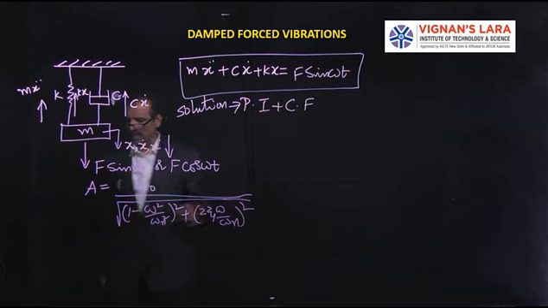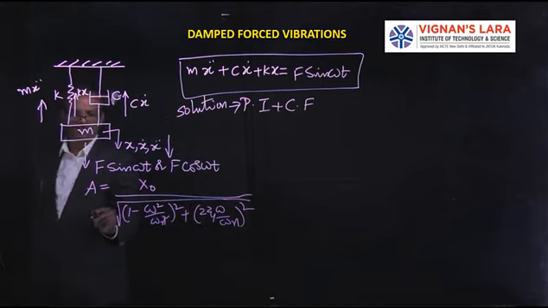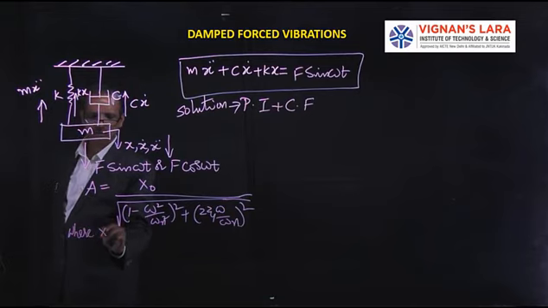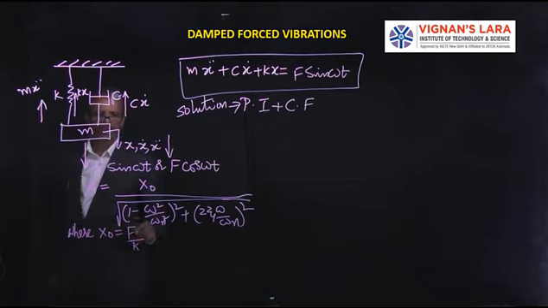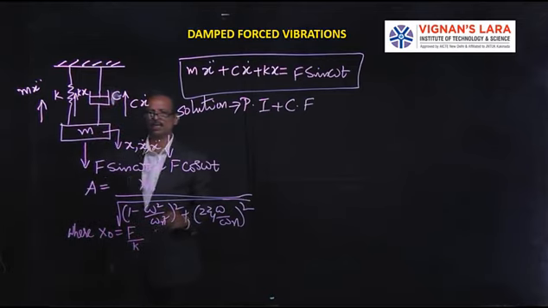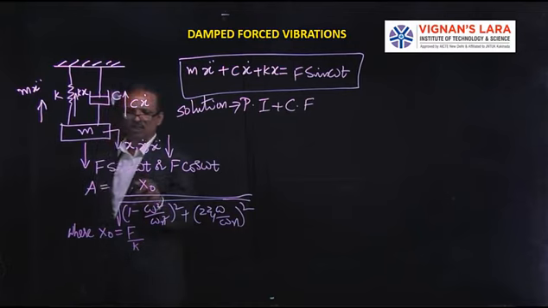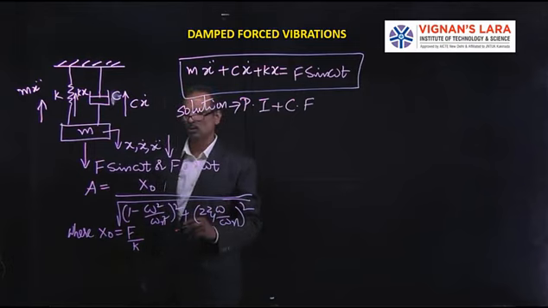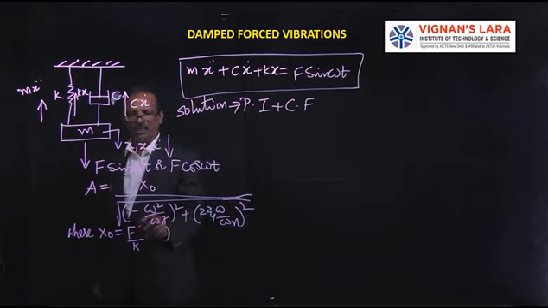So what is this amplitude, and what is x naught, where x naught is equal to F by K? The vibration causes a displacement, and its amplitude is given by x naught by root over 1 minus omega square by omega n square, whole square, plus 2 zeta omega by omega n, whole square, where x naught is F by K. What is the physical significance of F by K?